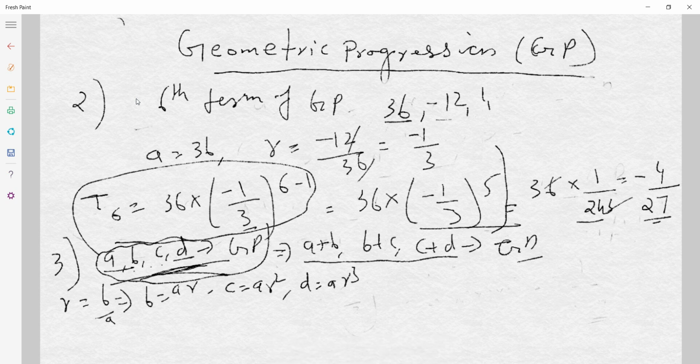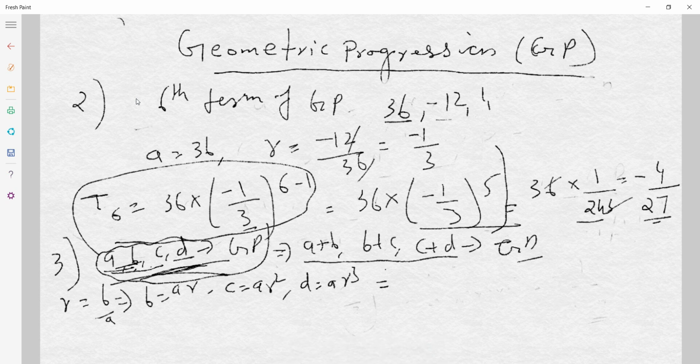As it moves forward, it becomes squared, then to the power 3, then to the power 4. Now R squared equals C by A, because this is R, then this is R squared.